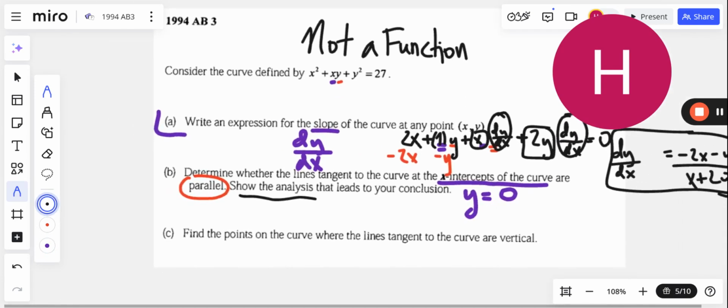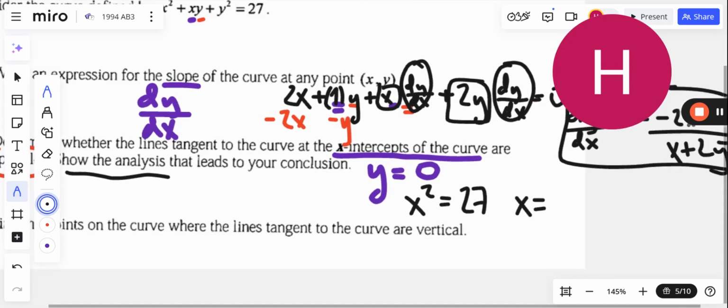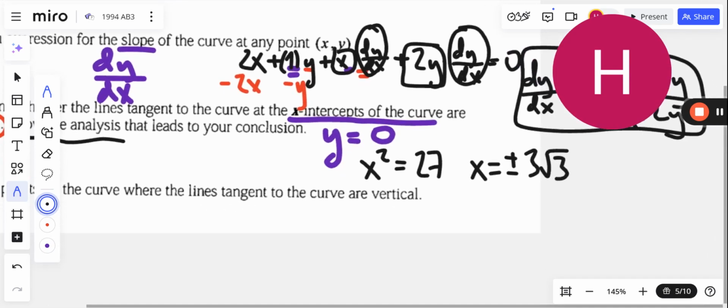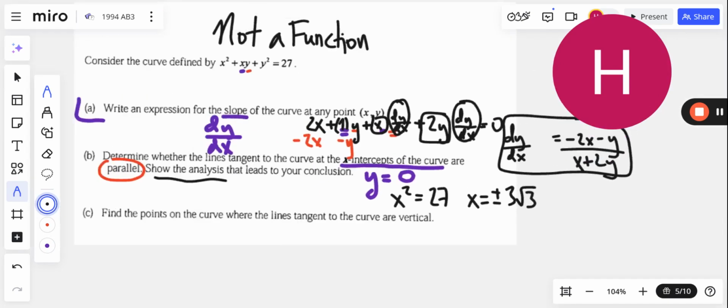Okay, well, that's pretty easy to start off with, because if y is equal to 0, then based on the original equation, the points that we have on the curve are x squared plus 0 equals 27. X squared equals 27. Therefore, x equals plus or minus the square root of 27. So that's plus or minus 3 square root of 3. Okay, and we know that the y values are 0 there.